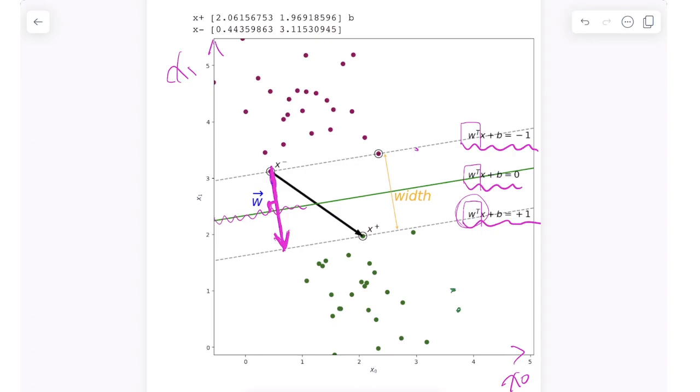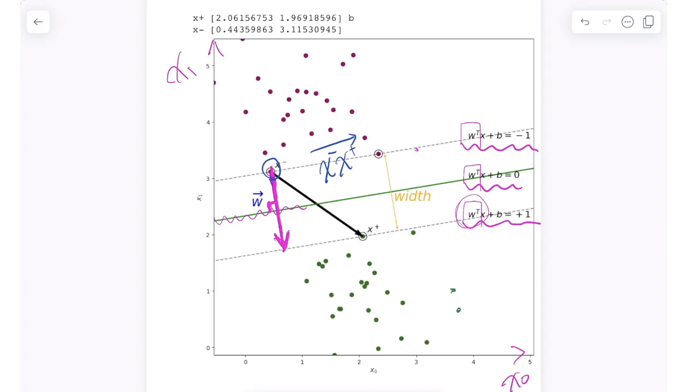Next, we pick one of the data points, x minus, which is a support vector on one side, and the other is x plus, another support vector on the other side. So here we have a vector between x minus and x plus, and you can see that is the black line, the black direction.